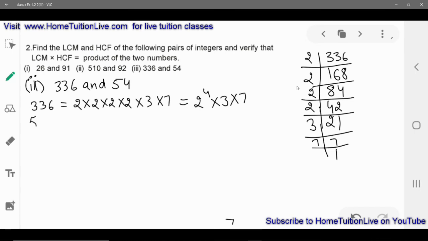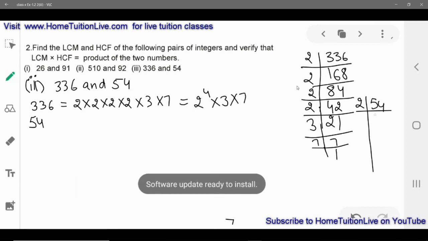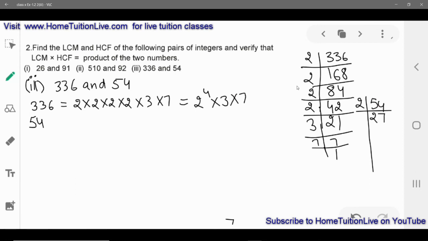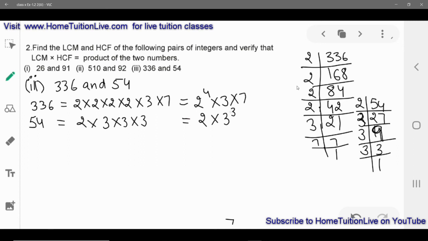In the same way, we will factorize 54. 2 into 27, 3 into 9, 3 into 3. So we have 2 into 3 into 3 into 3, and we can write it as 2 into 3 power 3.